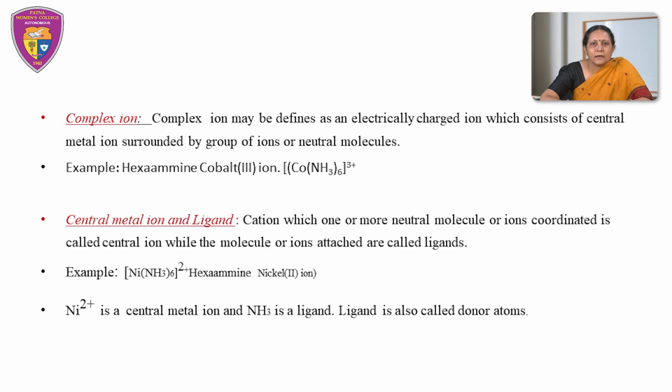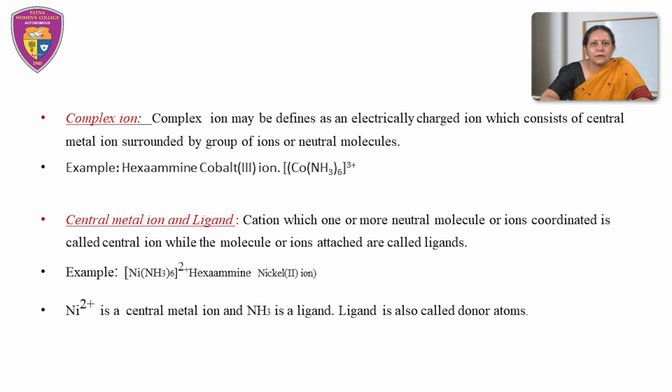Next, complex ion. A complex ion may be defined as an electrically charged ion which consists of a central metal ion surrounded by a group of ions or neutral molecules. For example, hexaamminecobalt 3 ion. Here cobalt 3 plus is the central metal ion.